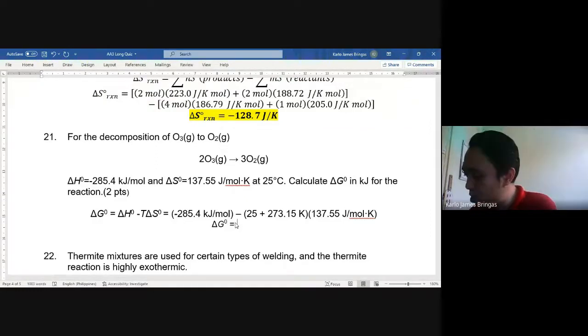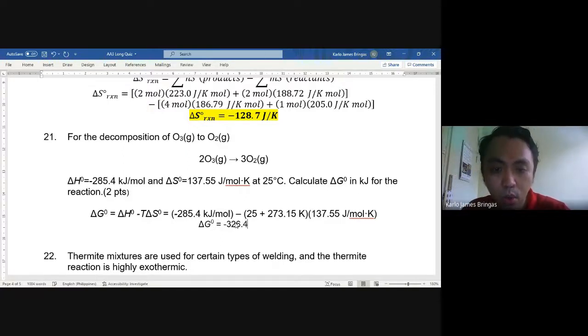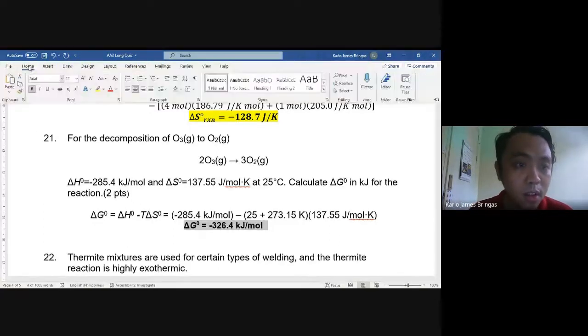So plugging that into the calculator: negative 285.4 minus 298.15 times 137.55 divided by 1000. My answer here is negative 326.4 kilojoules per mole. So that is for number 21.